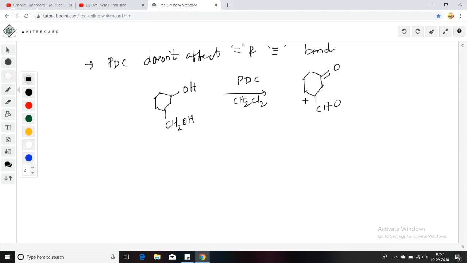This is the product we get here. So these are the few oxidation reactions we have, that you must keep in mind.